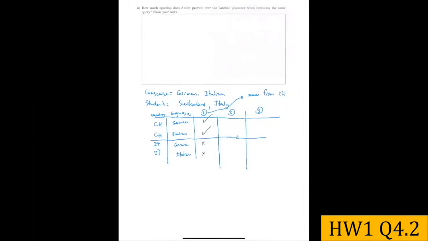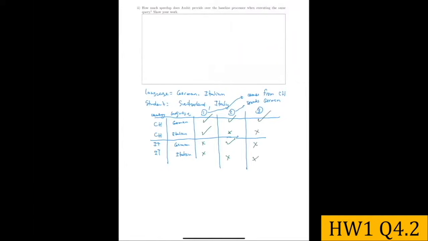The second one asks if you want the student that speaks German. So you want this line here, you don't want this line here, you want this line here, you don't want this line here, right? And in the end, you want both. You want the student to come from Switzerland and speak German. So the only line that's important for you is this one. And then you don't want this one, you don't want this one, you don't want this one.